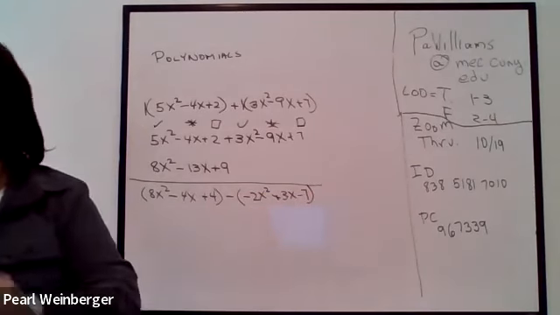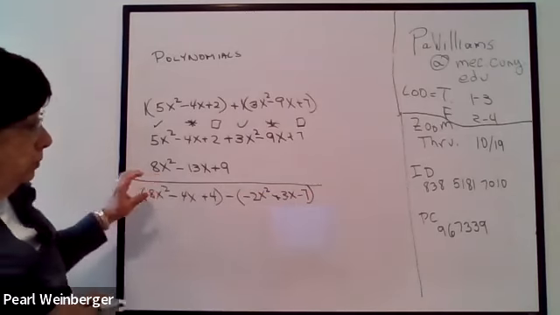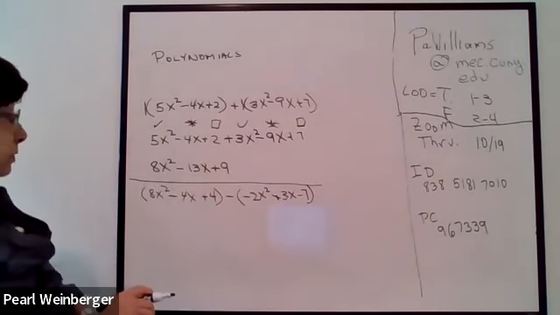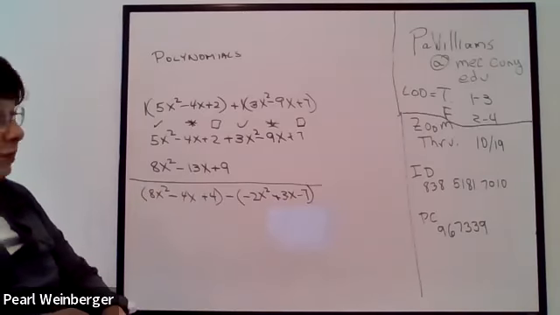Okay, and these are again 2 trinomials that we want to combine the like terms on. But again, we have to get rid of those parentheses.